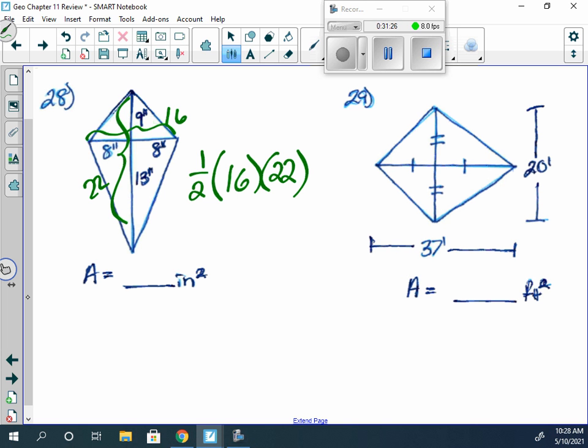It's the whole length of the diagonal, they only gave us 2 parts, 8 and 8. So they add together to be 16. 9 and 13 add together to be 22. Well, 1/2 of 16 is 8. And 8 times 22 is 176. Or you can just type in 1/2 times 8 times 22 and get the answer.